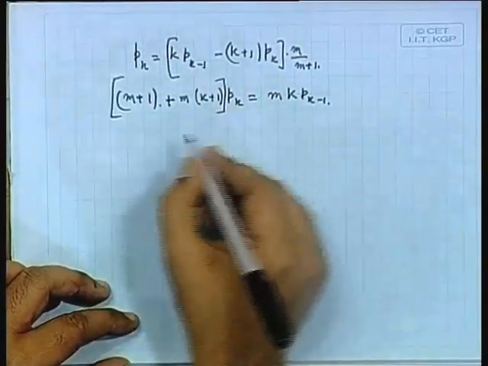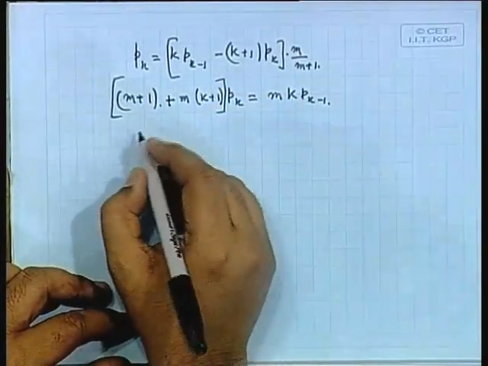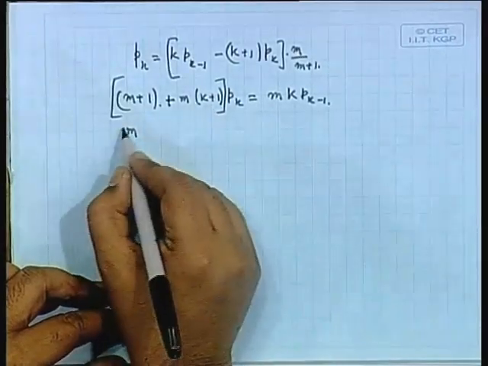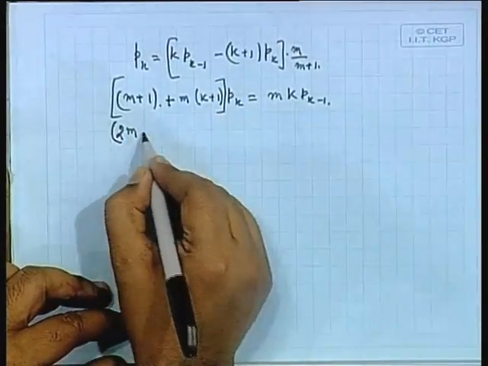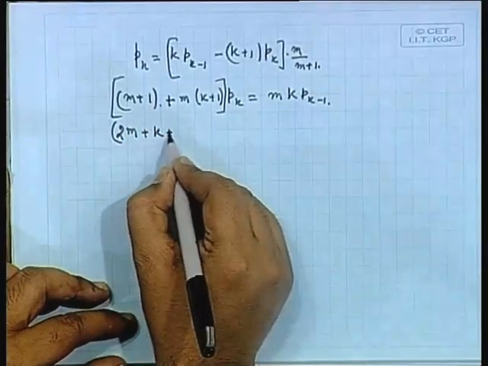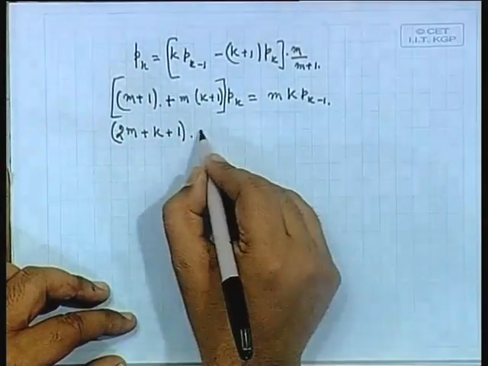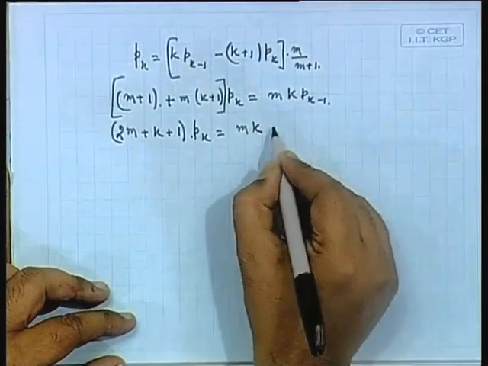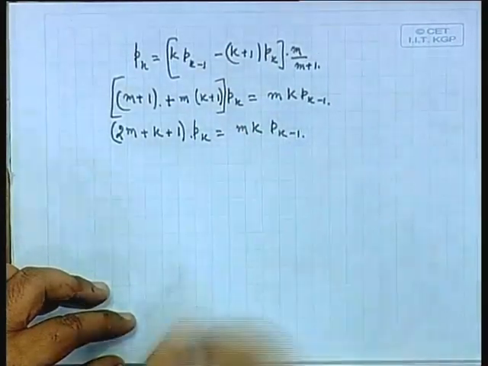Okay. So this will become (2m plus k plus 1) p_k is equal to m k p_{k-1}.